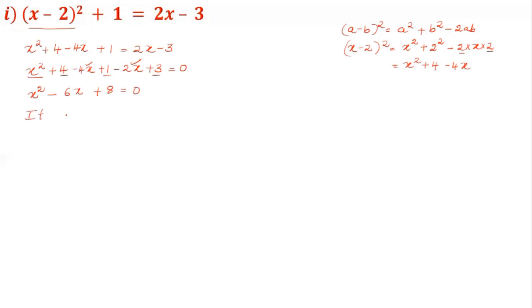This is a quadratic equation. It is in the form ax square plus bx plus c, an equation of the form ax square plus bx plus c is equal to 0. Therefore, it is a quadratic equation.